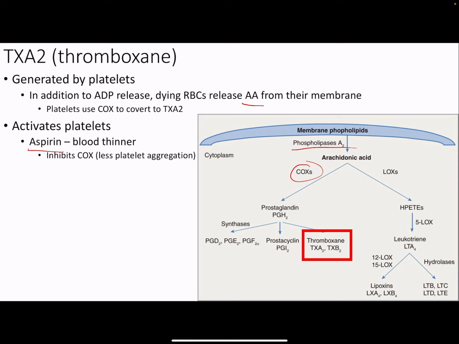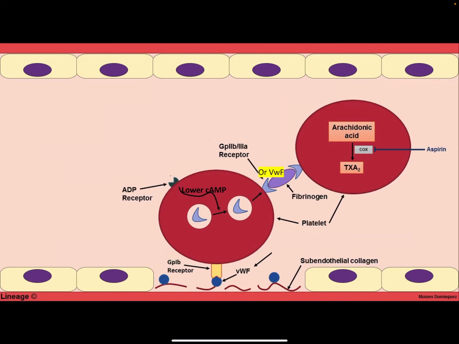And we'll talk more about this later, but aspirin is commonly called a blood thinner. Aspirin, on the one hand, inhibits COX so that we don't get the prostaglandins, and this reduces inflammation, but it also reduces the thromboxane, which is necessary for platelet activation, hence the anti-clotting effects of it.